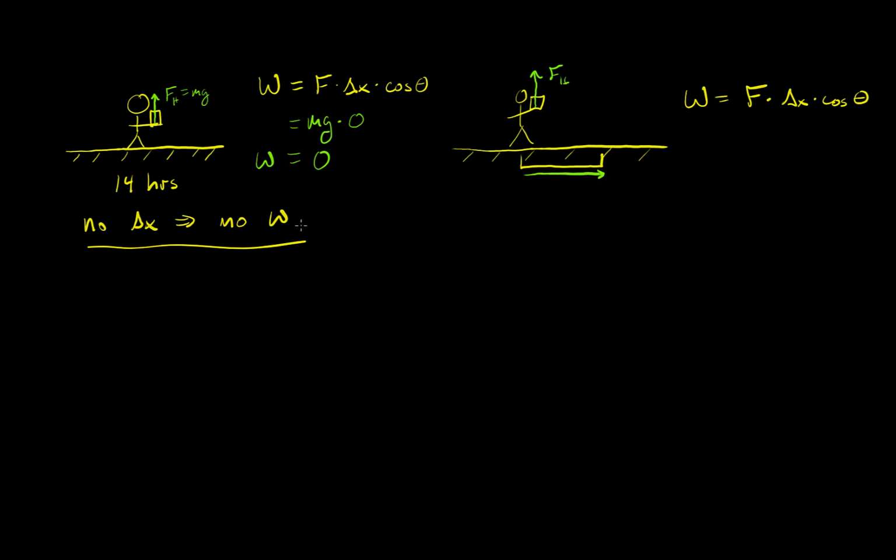So it seems like, okay, well, we have displacement, so there's got to be work. But there's not. Because the work would be the force of his hand times the displacement times cosine 90. And as I said earlier, cosine 90 is 0. So we get 0 times all of this, which is 0 joules of work.